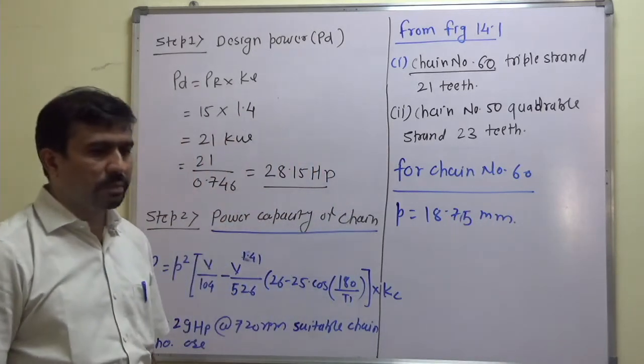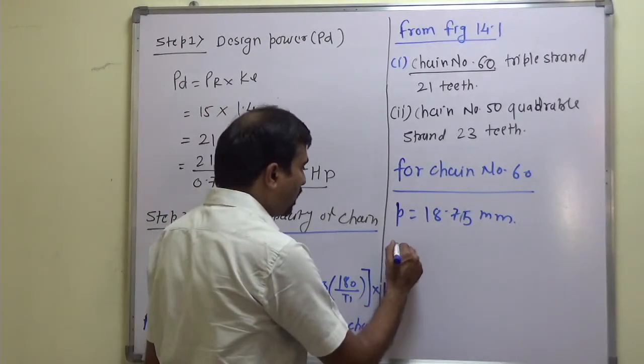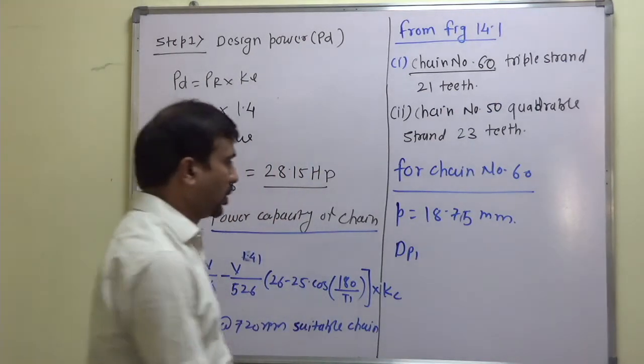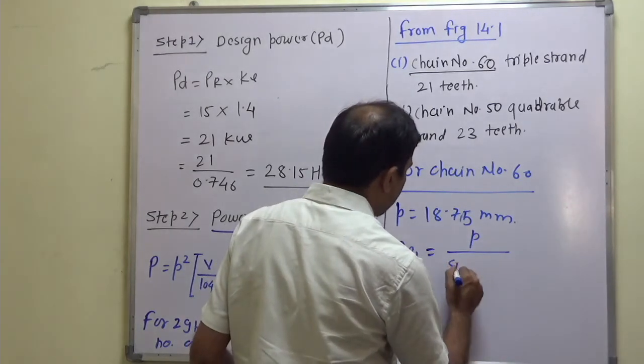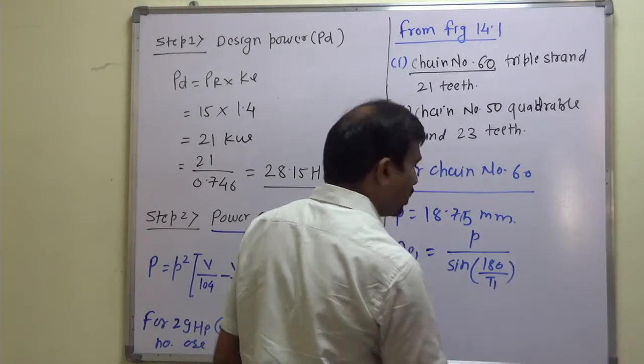Okay. Pitch is equal to 18.75 mm. So you can calculate the pitch circle diameter of the smaller sprocket, dp1, which is equal to pitch upon sine 180 divided by the number of teeth on the smaller sprocket.